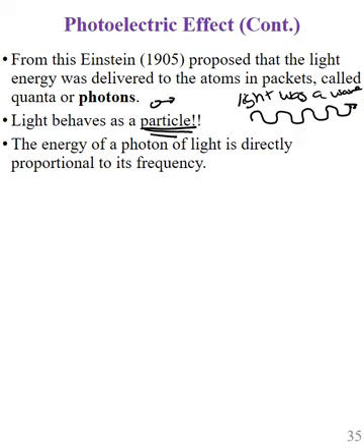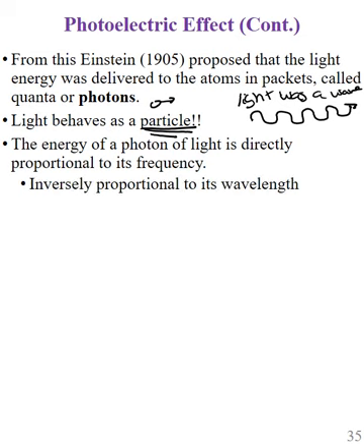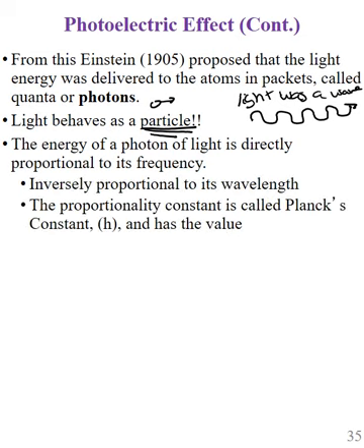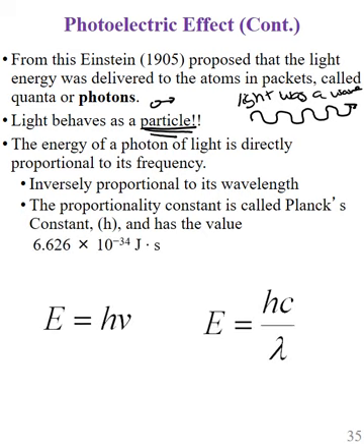So the energy of a photon of light is directly proportional to its frequency, and it's inversely proportional to its wavelength. And we are given these equations where E equals h times nu. H is Planck's constant, 6.626 times 10 to the negative 34 joule seconds.